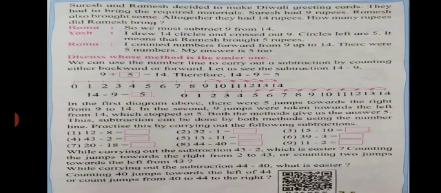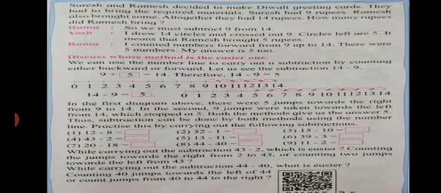Both the methods give us the answer 5. Thus, subtraction can be done by both methods using the number line. Practice this by carrying out the following subtractions.